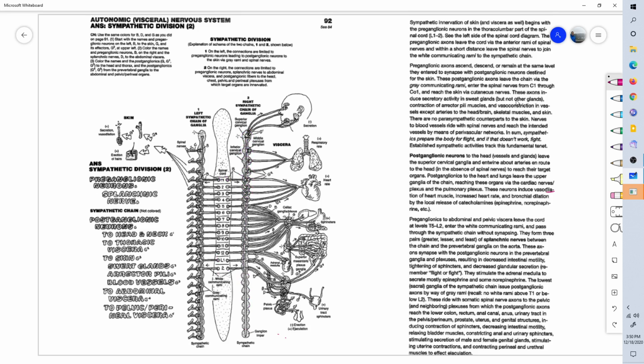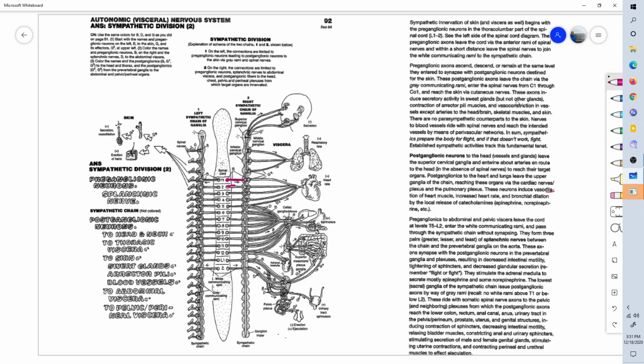So, first of all, let's discuss and review the preganglionic neurons of the sympathetic nervous system. Of course, pre, as we discussed, means before. Ganglionic, before the ganglia. So, right here, coming out of the lateral horn of T1 is a preganglionic neuron.